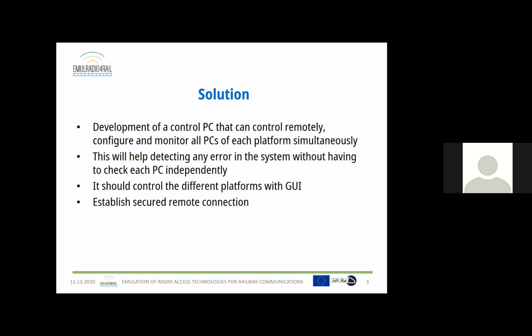This also helped us to detect any error in the system without the need to approach each PC independently. The control PC should also have the capability of controlling the different platforms with a graphical user interface. It should also establish a secure remote connection to avoid any third-party infiltration to the network.